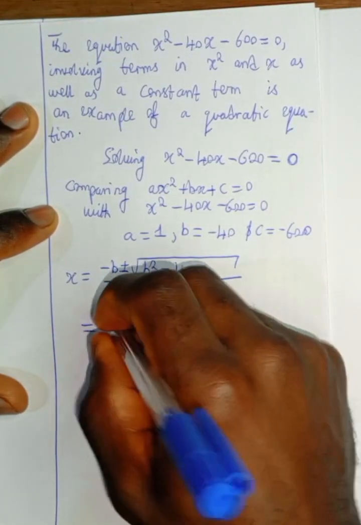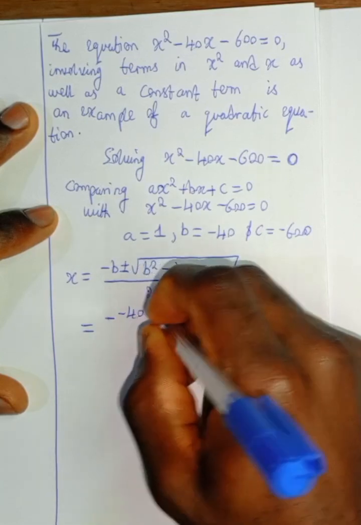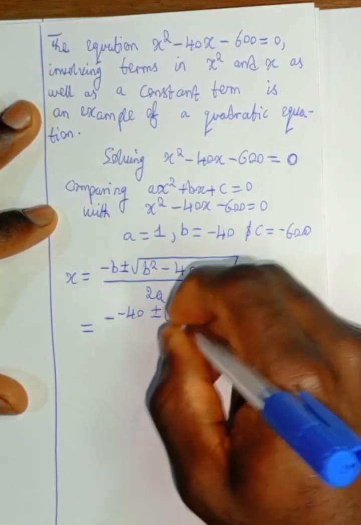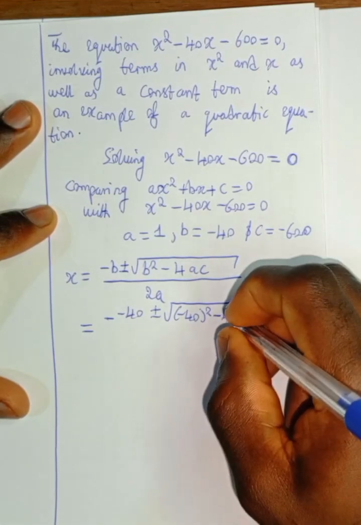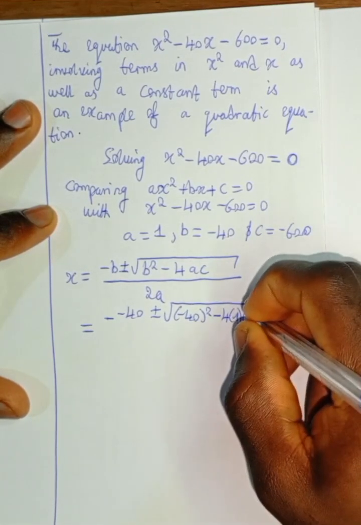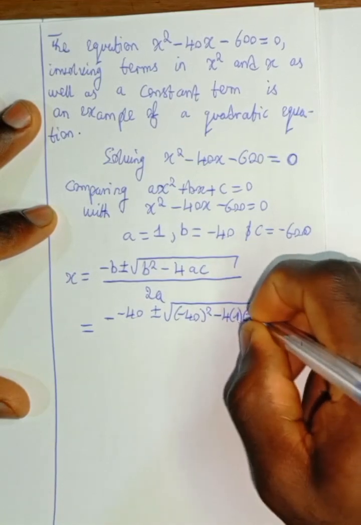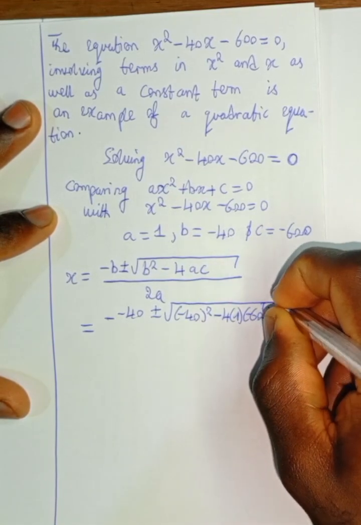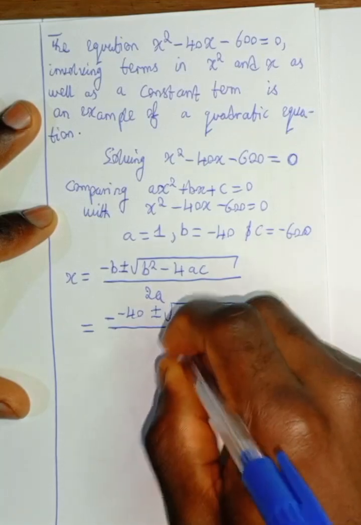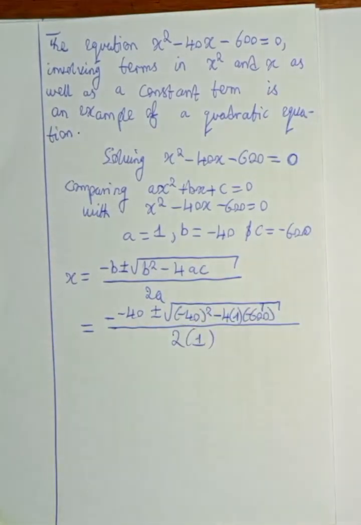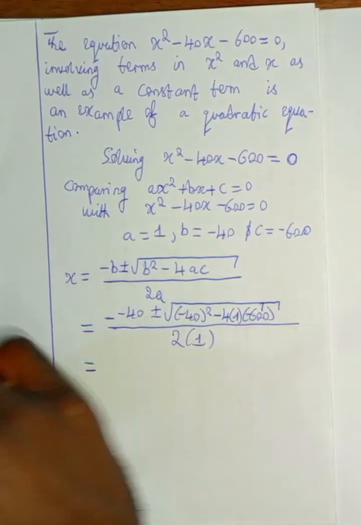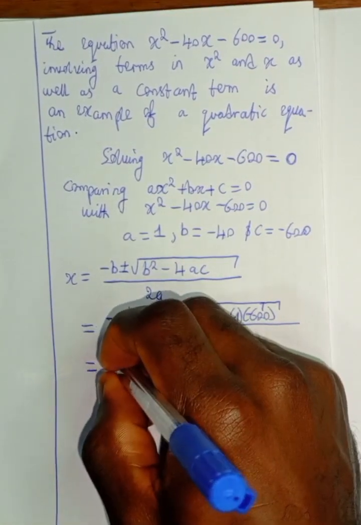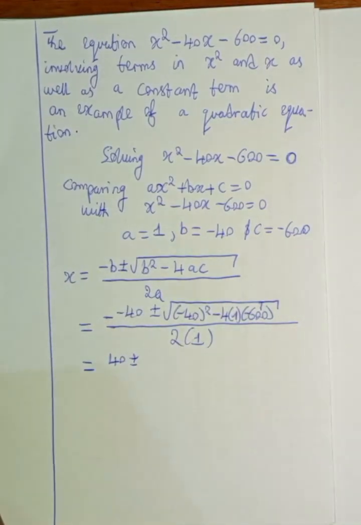So this will give us negative 40 plus or minus the square root of negative 40 squared minus 4 times a, which is 1, times c, which is negative 600. We divide all this by 2 times a, which is 2 times 1. So this will simply be equal to, we know two negatives will give us positive, 40 plus or minus the square root of negative 40 squared.